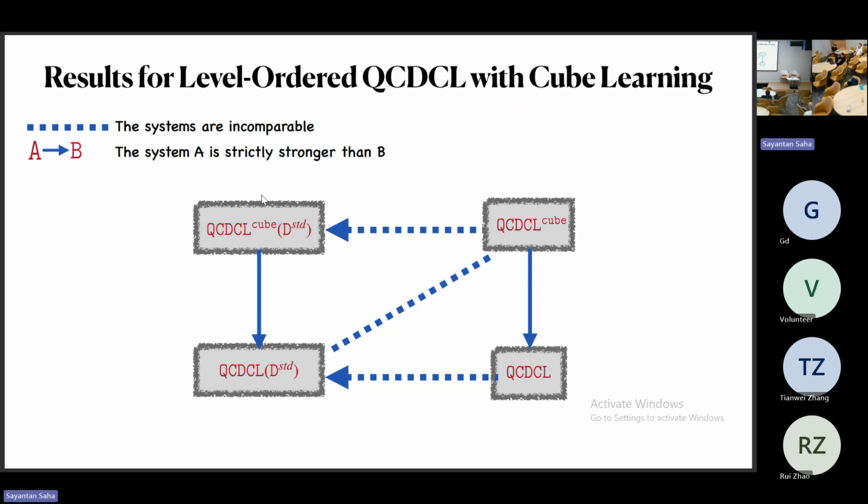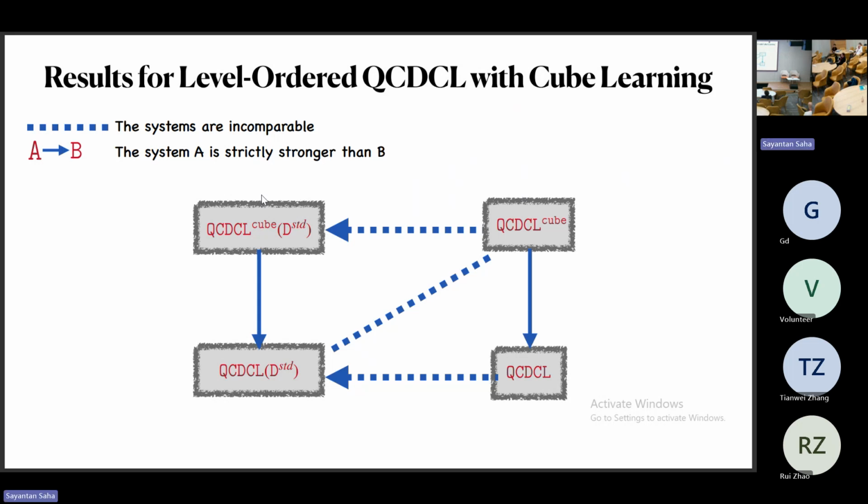But for this scheme, we've only been able to show one set of results, that adding the dependency scheme is an advantage. We haven't been able to show it to be a disadvantage; that is proven to be much harder to show than for the RRS scheme. So this is something we are still working on. But what we have been able to show again is that adding dependencies versus adding cube learning is incomparable.